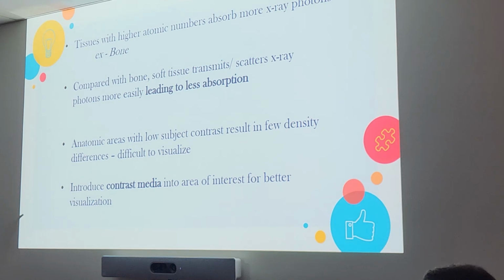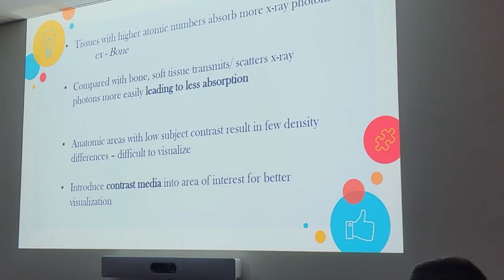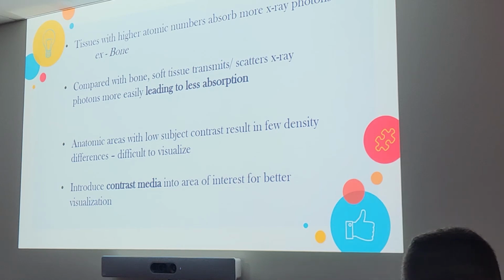Compared with bone, soft tissue transmits or creates more scattered photons, leading to less absorption. That's correct. So soft tissue has less absorption than bone, because it has a lower atomic number.